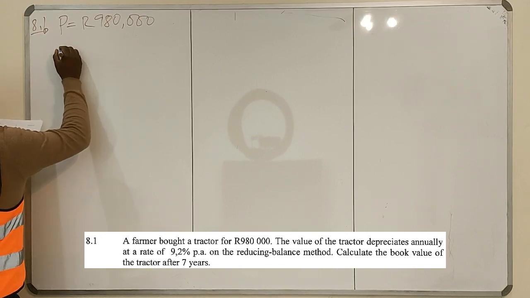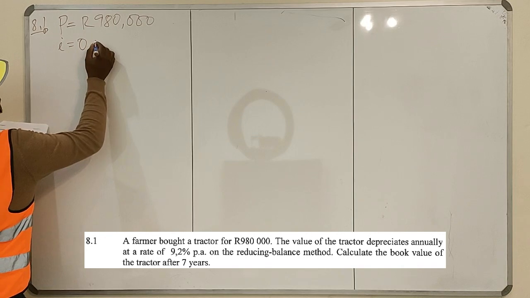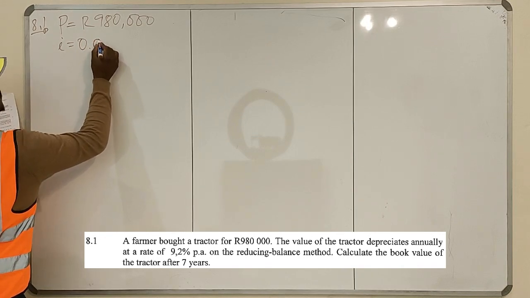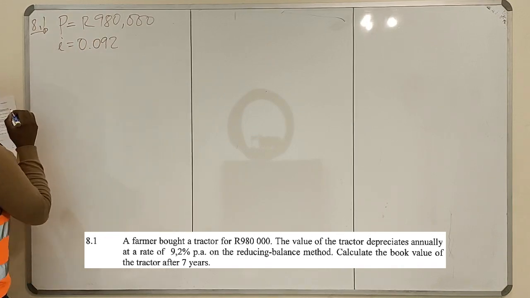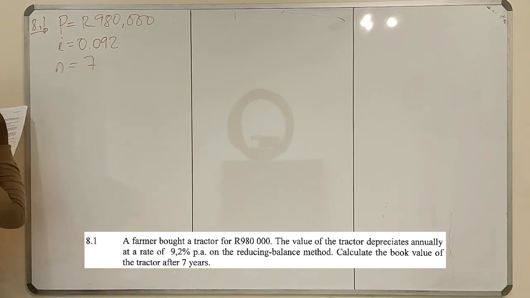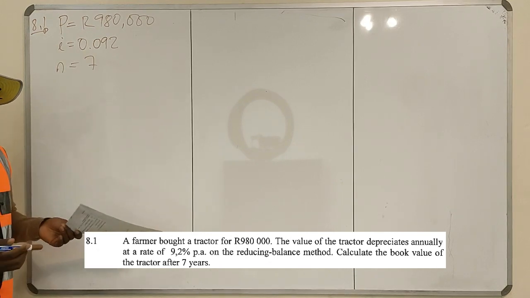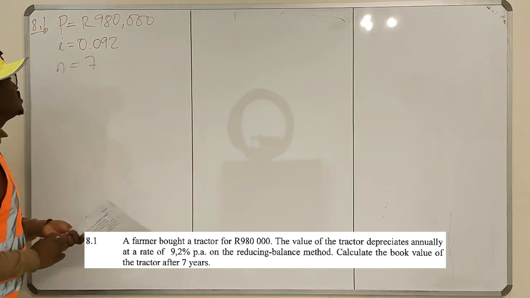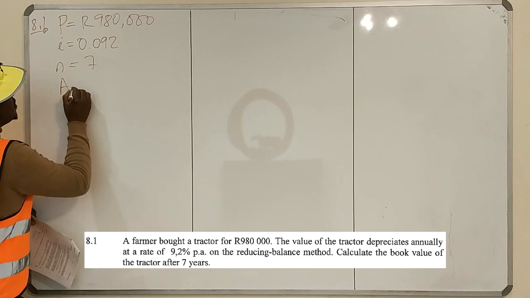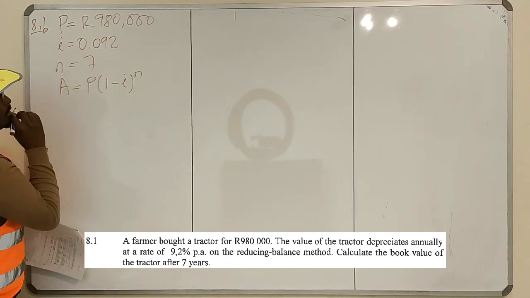Your rate is 0.092, for 7 years, and it's depreciating on a reducing balance method. So you know for a reducing balance method, A is equal to P(1 minus i) raised to n.